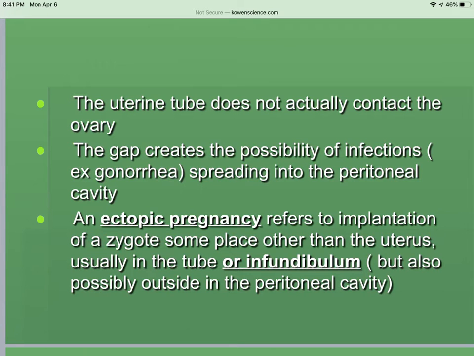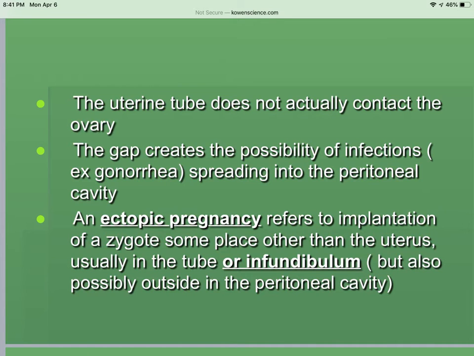If you've heard of an ectopic pregnancy, this refers to implantation of the zygote, the fertilized egg, someplace other than the uterus. It's usually in the fallopian tube or the infundibulum, but it's possible that it could occur outside in the peritoneal cavity as well.